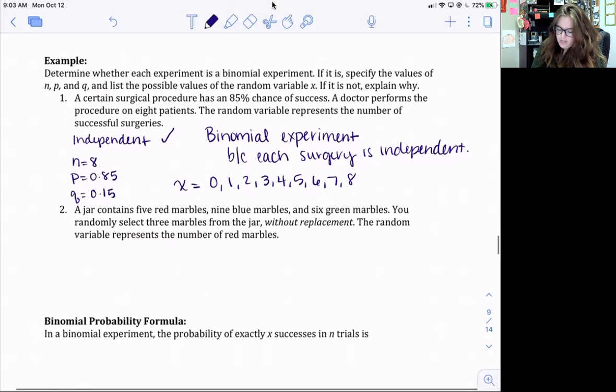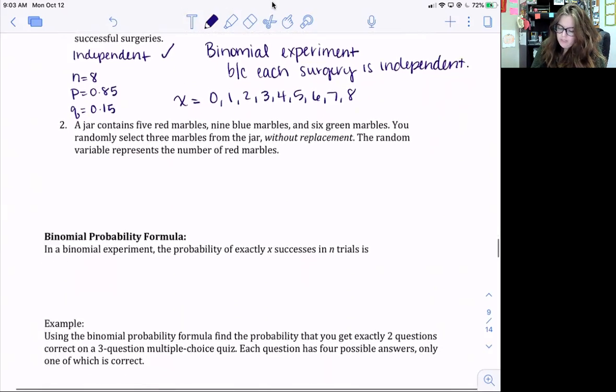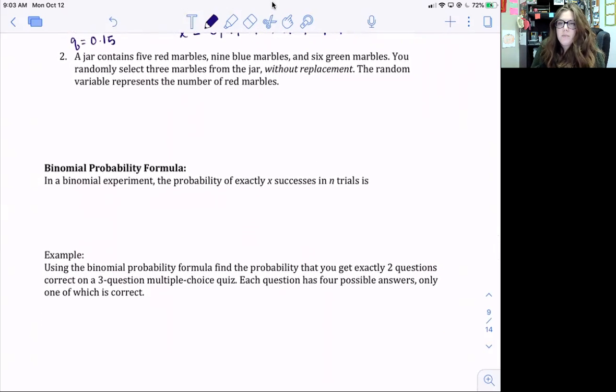All right, a jar consists of 5 red marbles, 9 blue marbles, and 6 green marbles. You randomly select 3 marbles from the jar without replacement. The random variable represents the number of red marbles. Here it says without replacement. Since we're not replacing the marble, it becomes dependent.